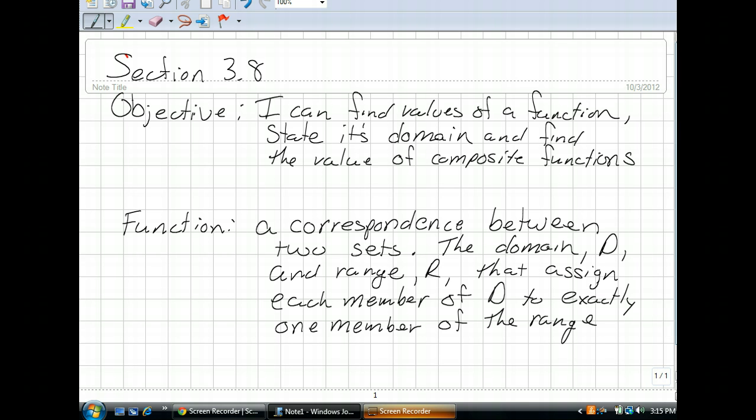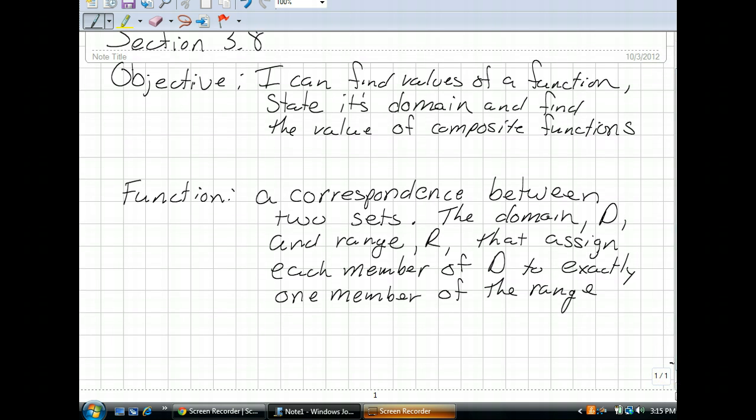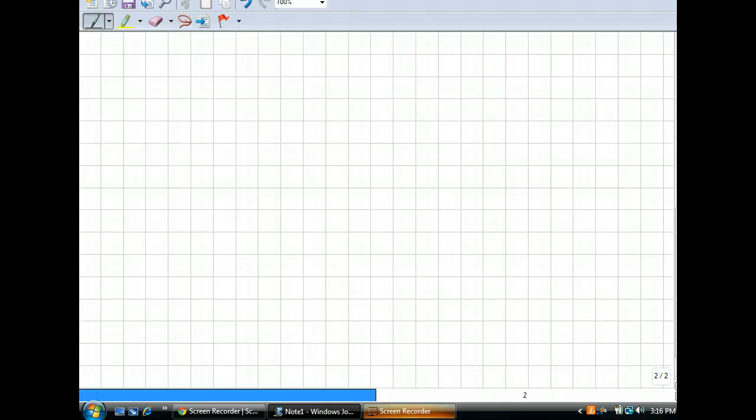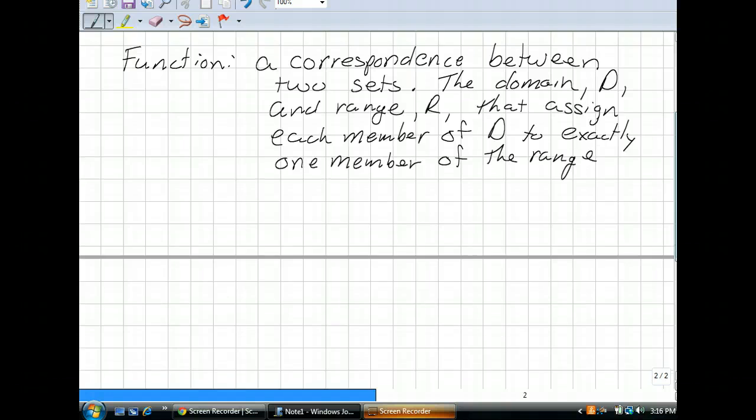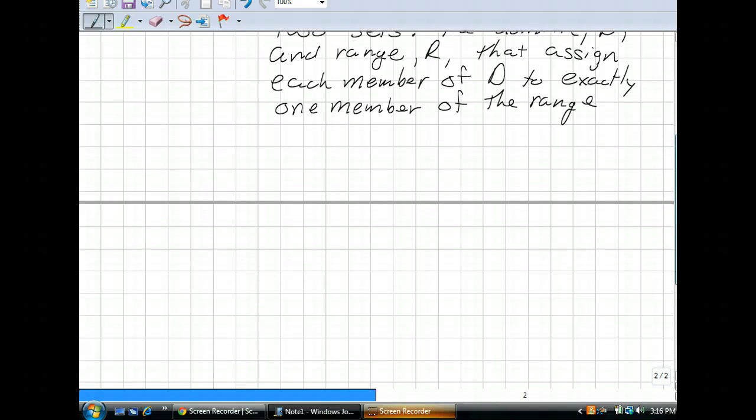Okay? And basically, it's the idea that it's a rule that does something to the domain value and returns a unique range value. Okay? So really, we've already been doing things like this.